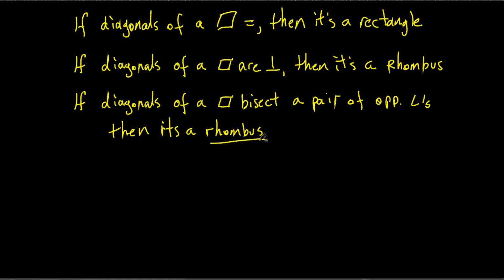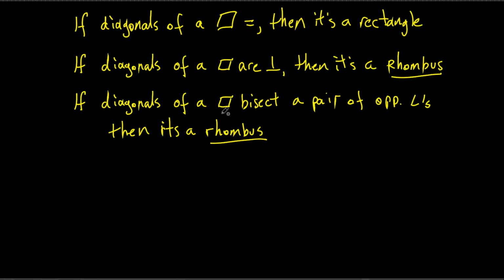So there's a lot of things that are true about a rhombus right there. A rectangle is not a rhombus, only if that rectangle was a square. I've got two more to do, and time's running out.